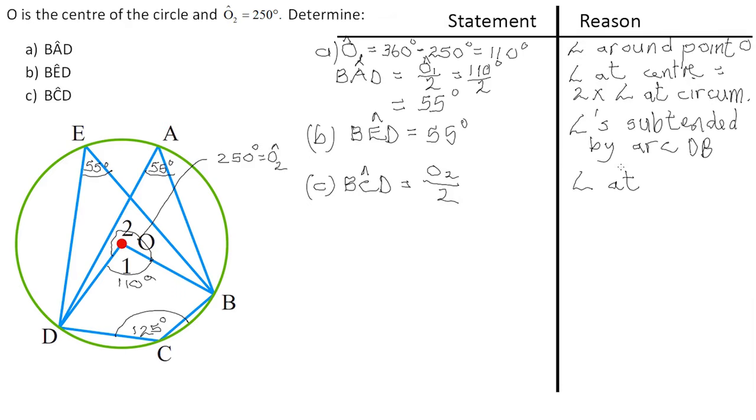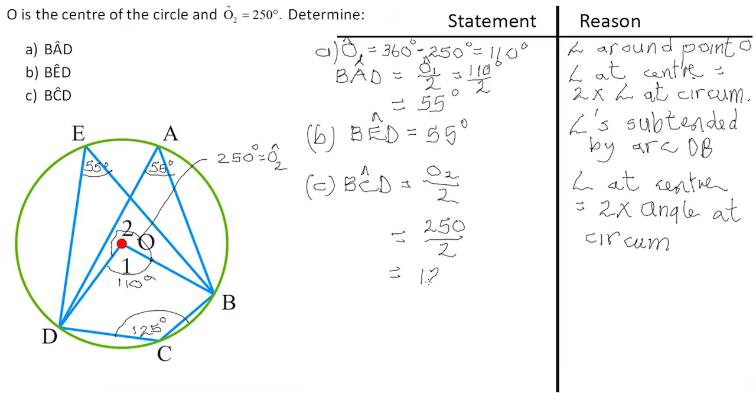Angle at center equals 2 times angle at circumference, which means that's O2, you can see that's given as 250 over 2, and BCD therefore is 125 degrees. And that solves A, B, and C.